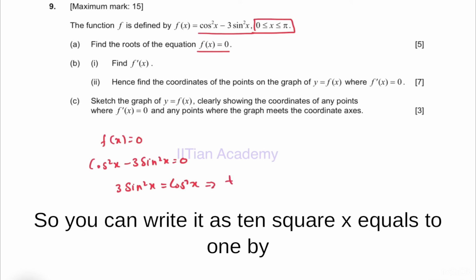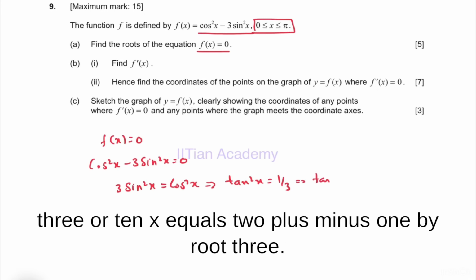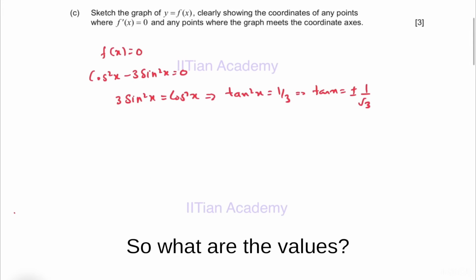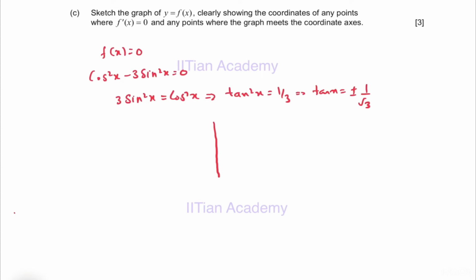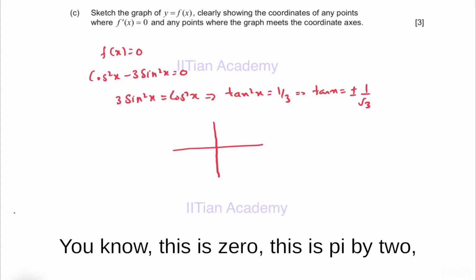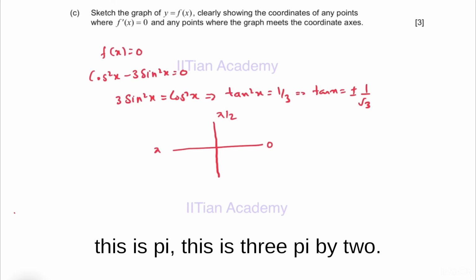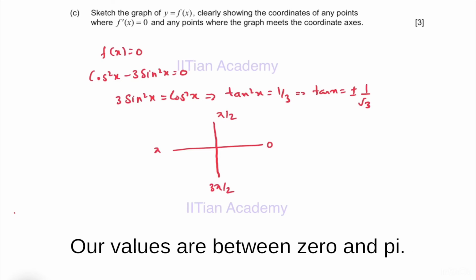So you can write it as tan square x equals 1 by 3, or tan x equals plus minus 1 by root 3. So what are the values? You know this is 0, this is pi by 2, this is pi, this is 3 pi by 2. Our values are between 0 and pi.